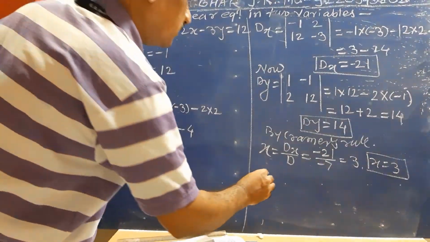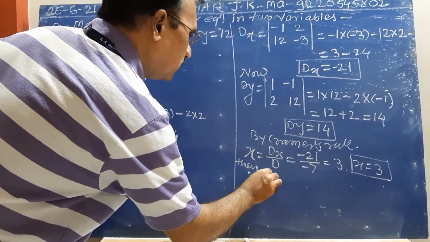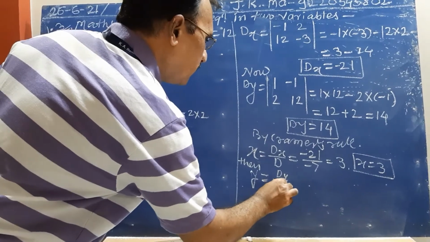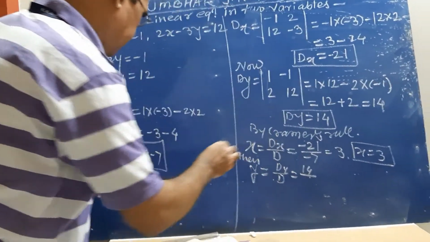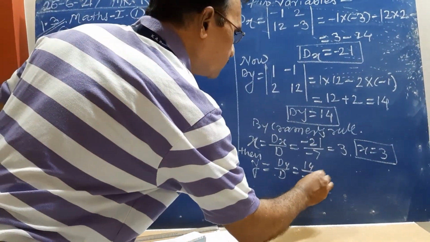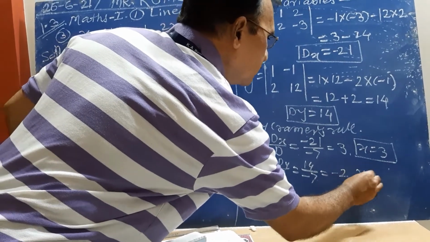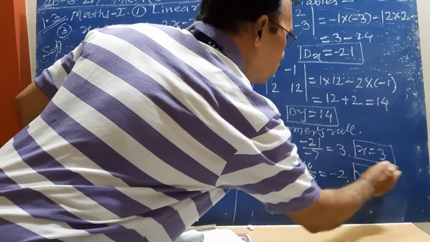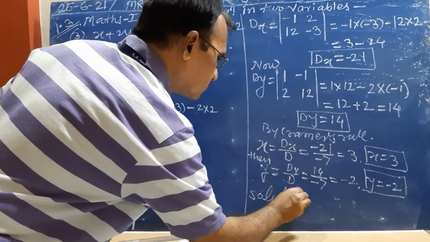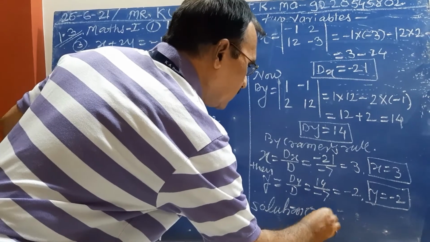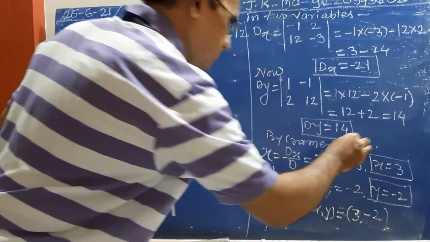Then y is equal to dy by d. dy is 14 and d is minus 7. 7 2s are 14, minus sign as it is, means y is equal to minus 2. The required solution is xy is equal to 3, minus 2.